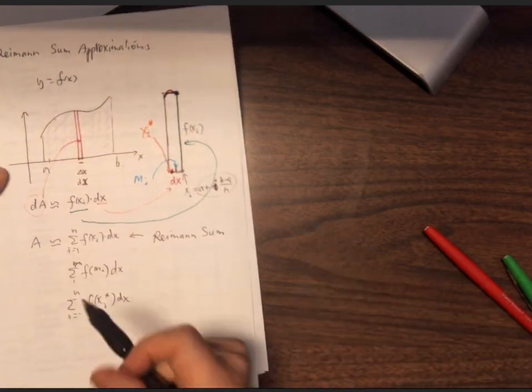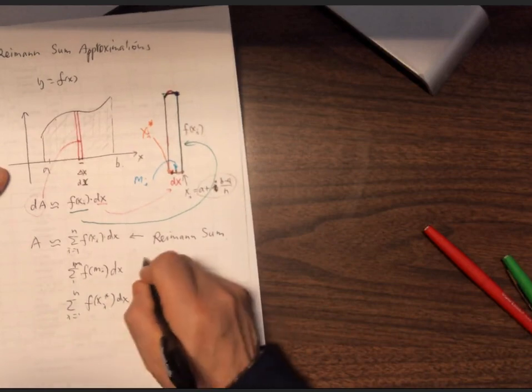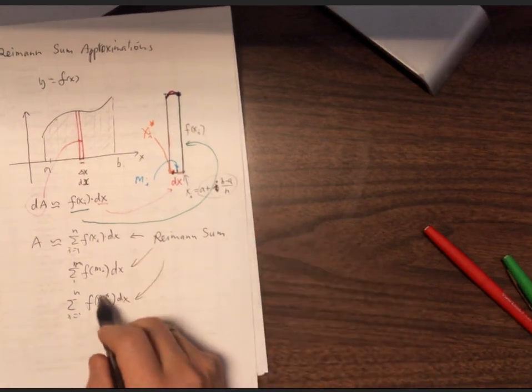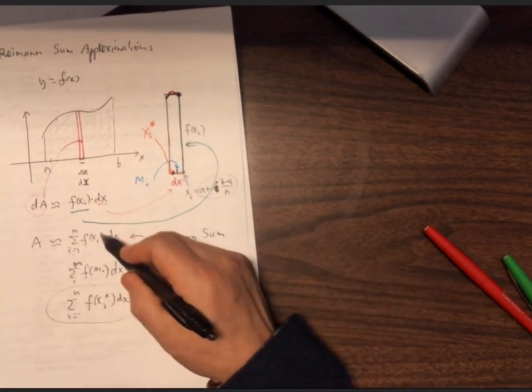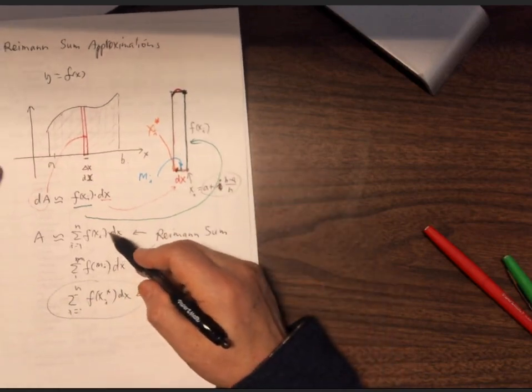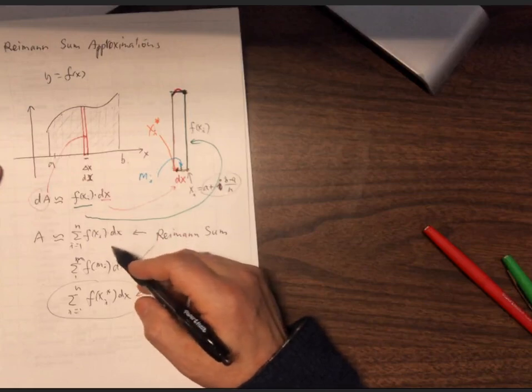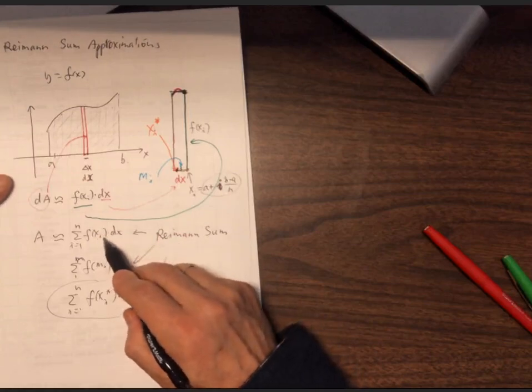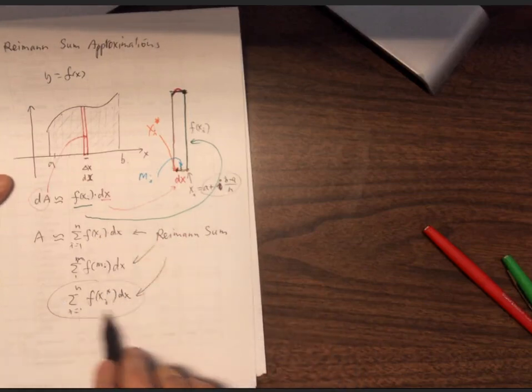That's still called the Riemann sum. They're all called Riemann sum, but this is more general. Those two are more common, specific locations, right endpoint, middle point. It could be just any point.